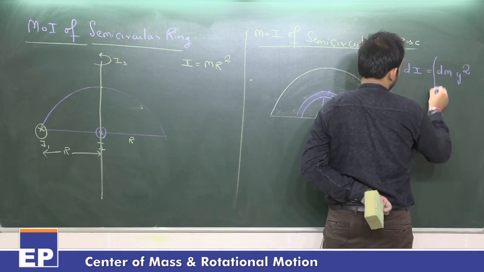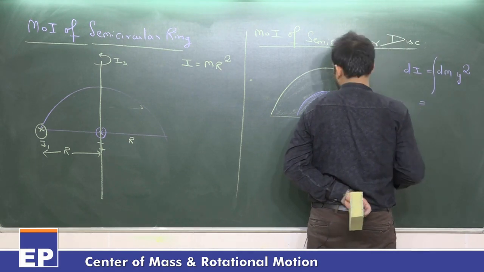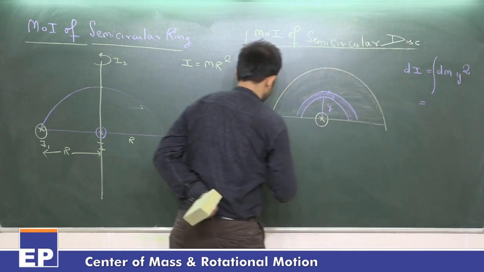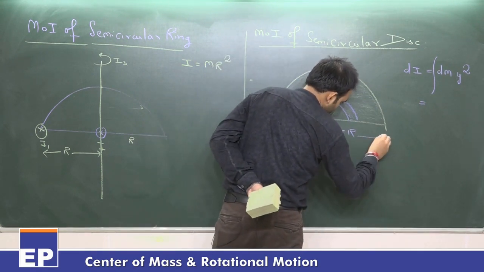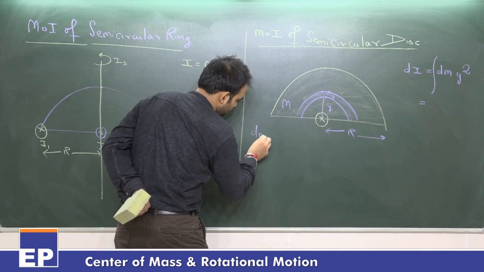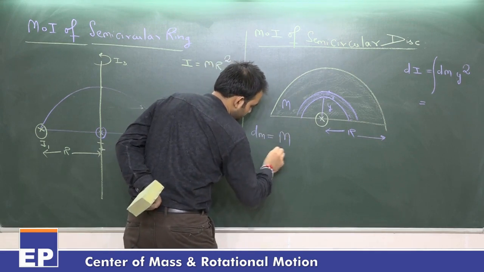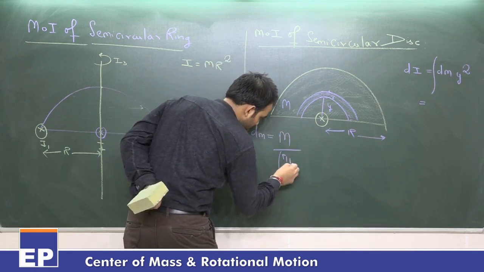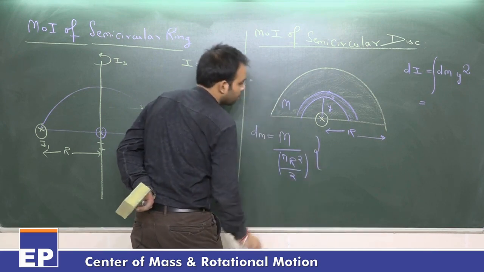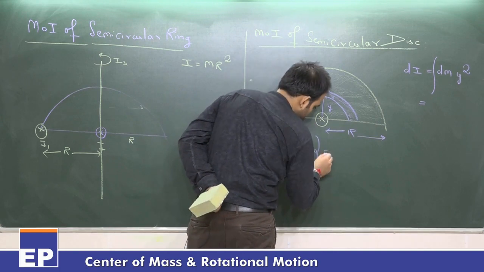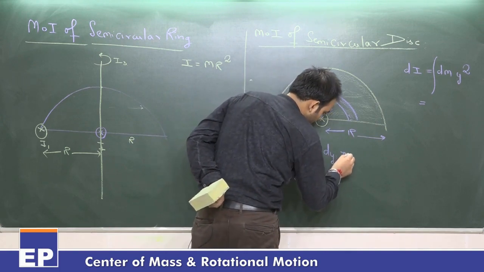And if I want to calculate, then integrate this. Now what is dm? Total mass is m, and let's suppose its radius is r. Dm is the mass of this ring, that is mass per unit area. Area will become pi r square by 2, into the area of the ring. Its width is dy and its length is pi into y.